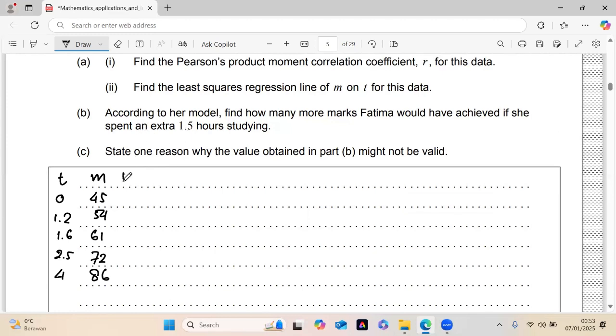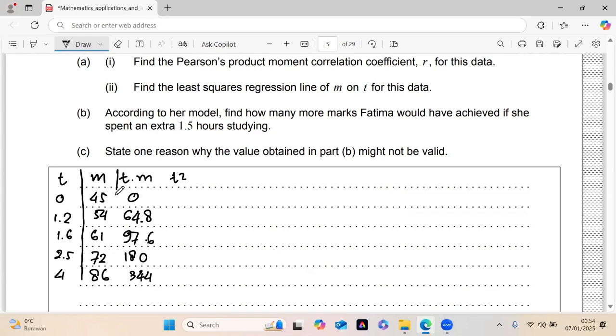And after that, T times M is 0, 64.8, 97.6, 180, 344. And next, T squared.